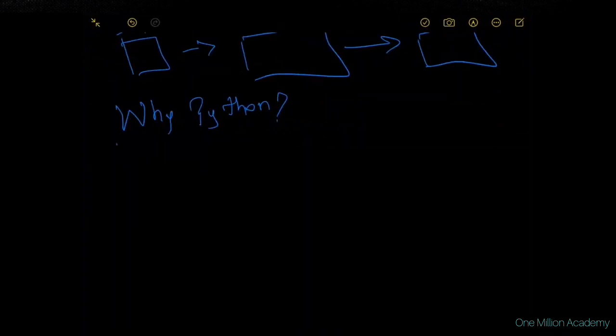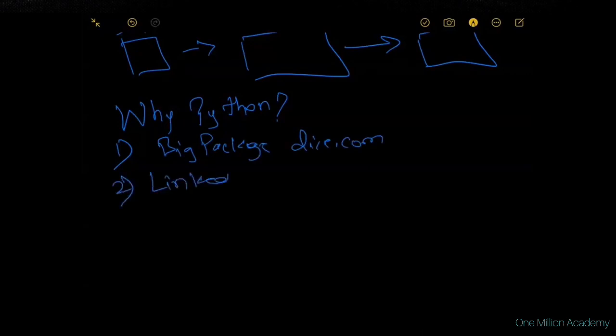The first point was that it has a big package, a big cost, which we have seen on dice.com. Second one, LinkedIn. You can say multiple jobs and also trends. So these are the two points.